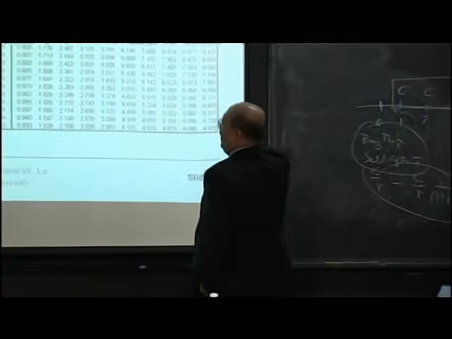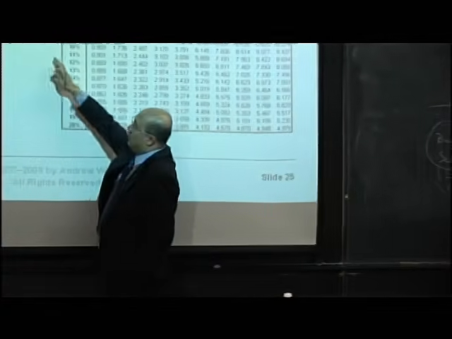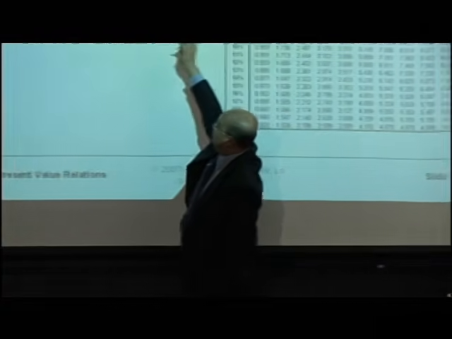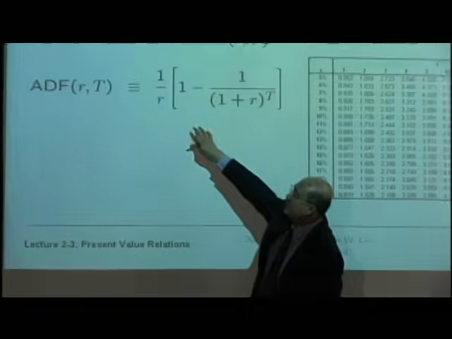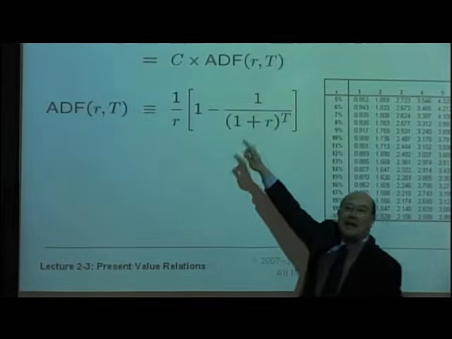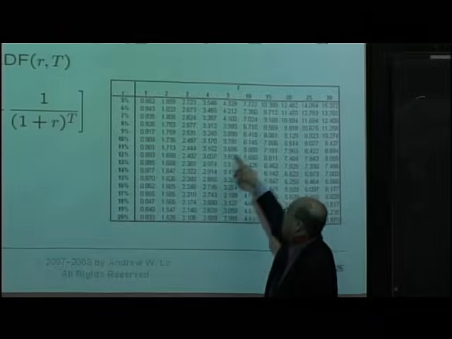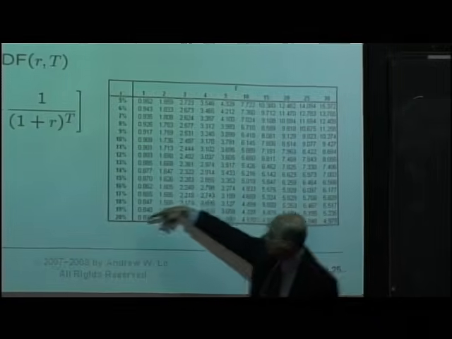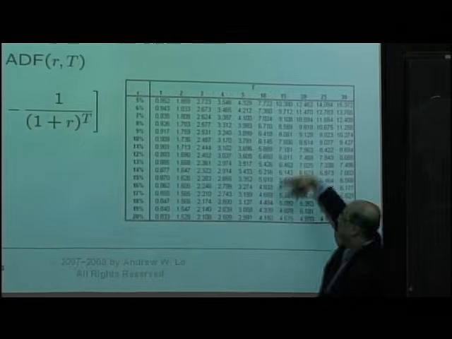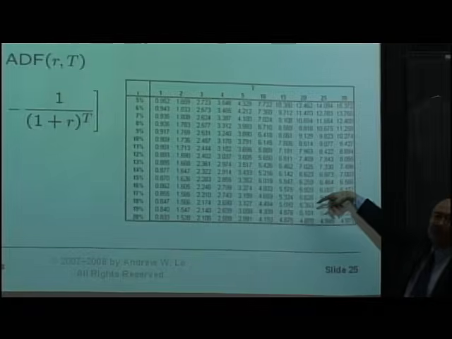And so once you have this expression, you can use a simple table of numbers to calculate these annuity discount factors, and then you can compute mortgage payments yourself. So this is the kind of number I was talking about. Given various different interest rates, you can come up with these particular annuity discount factors.